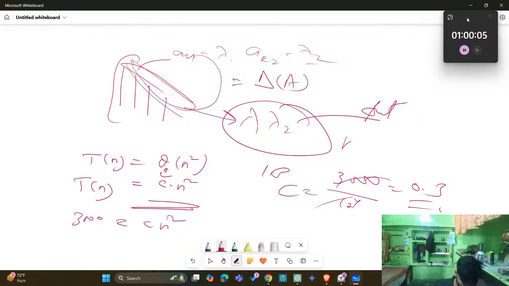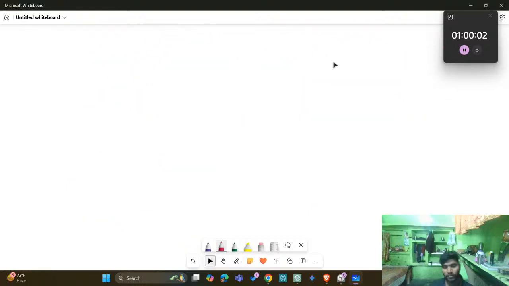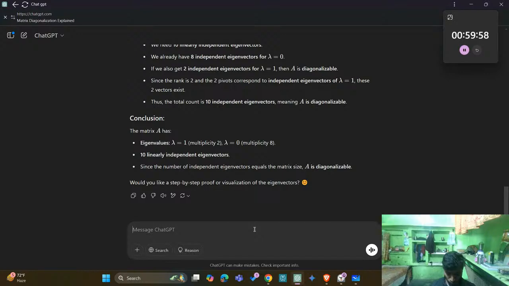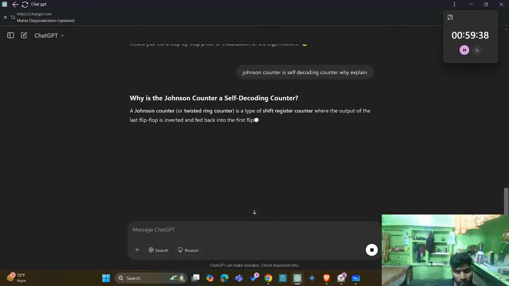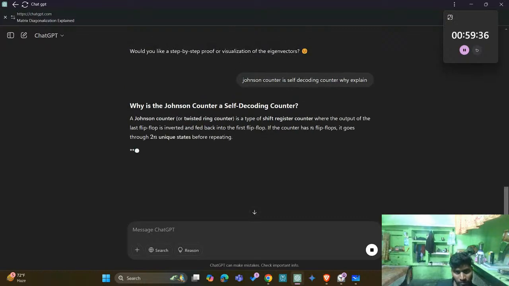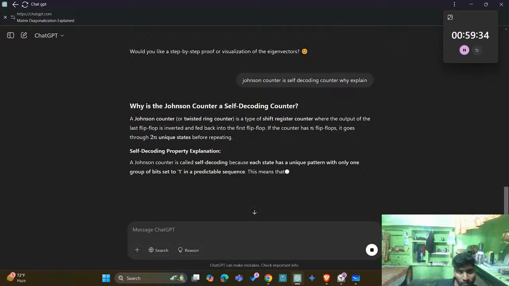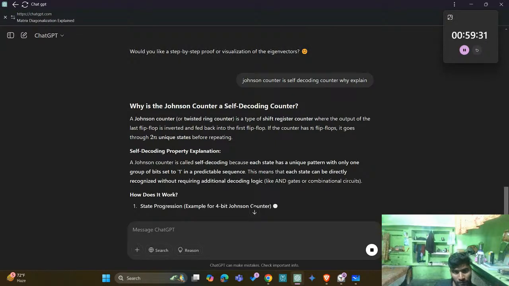Johnson counter is a self-decoding circuit. Why is this so? A Johnson counter, also called a twisted ring counter, is a type of shift register counter where the output of the last flip-flop is inverted and fed back to the first flip-flop.